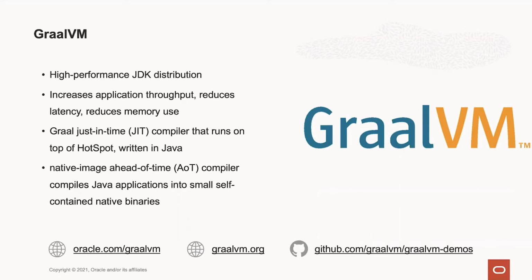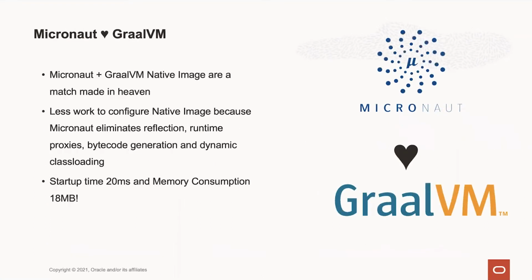But what you can do right now is swap out your current Java installation for GraalVM and just run it. You don't have to change anything in your application. You don't have to configure anything. It just works, and you'll immediately see performance benefits. And we'll certainly see that in the demo. Like I said, configuring native image in Micronaut is not easy.